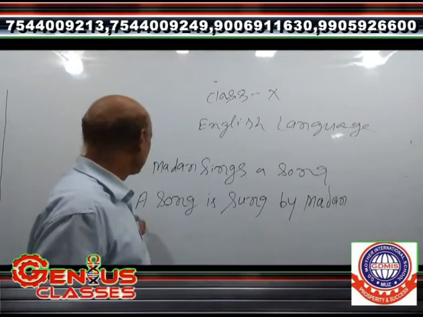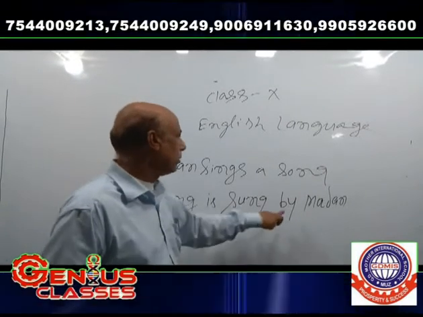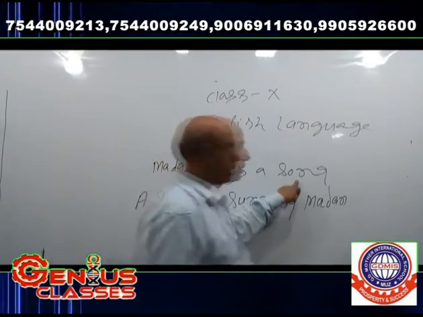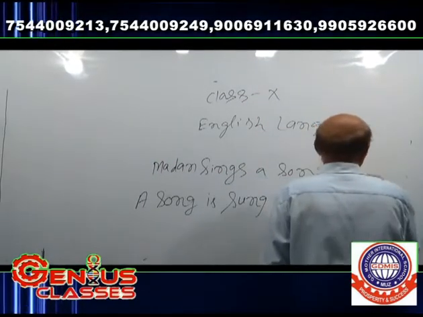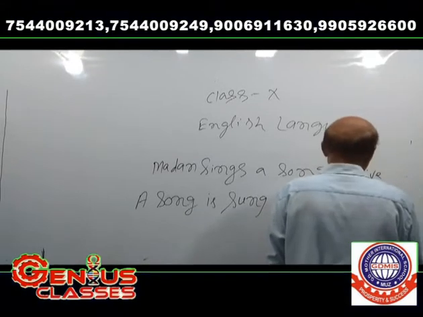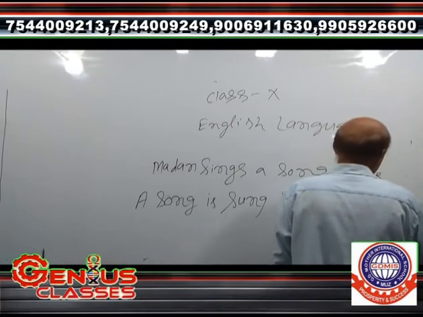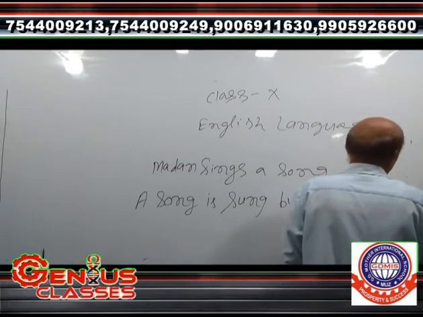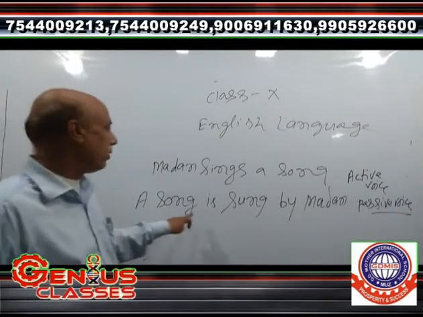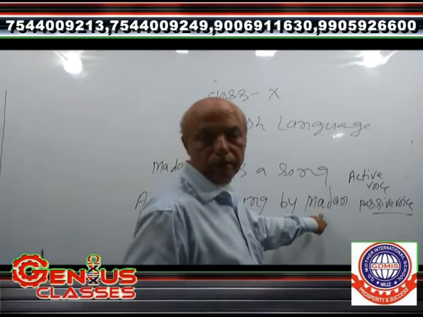So here, a song is sung by Mohan. Mohan sings a song is the active voice, and it has been changed into the passive voice: a song is sung by Mohan.